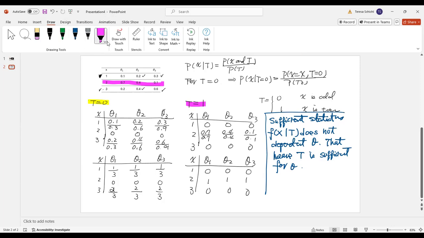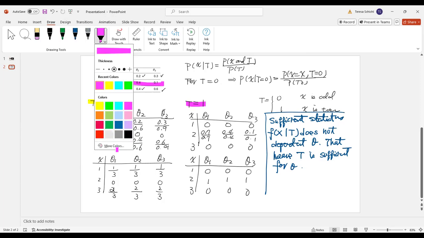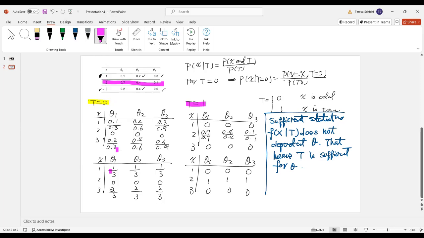For the first ones here, as you can see, this distribution is all the same, right? So 1/3 and 2/3. It doesn't depend on the theta value. The same thing here for t equal to 1. So also does not depend on the theta value. So that's why we say here T could be the sufficient statistic for the thetas here.